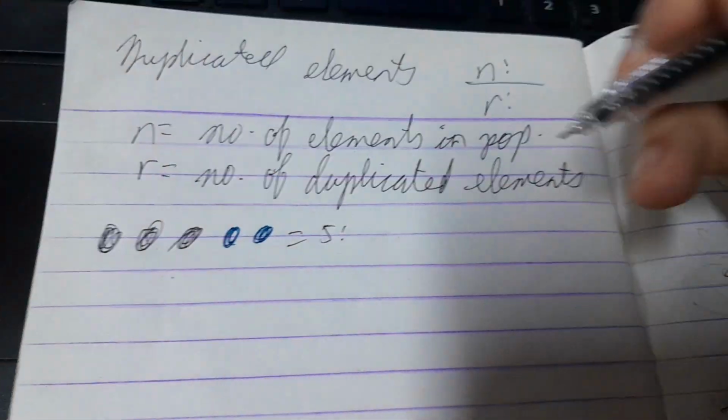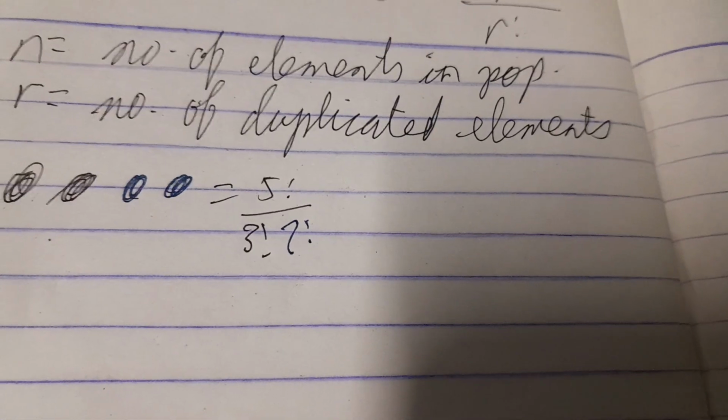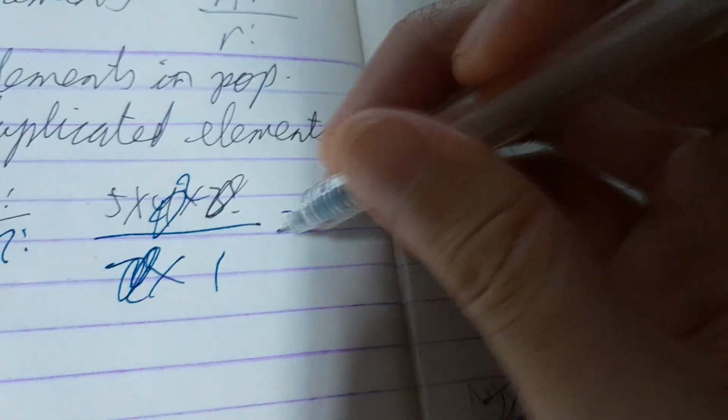Pero look at the duplicates. We have 3 black beads and 2 blue beads. Kaya naman itanggalin namin yung duplicate. So we need to simplify this. 5 times 4 times 3 factorial. The 3 factorials, they cancel. And you're just left with 2 times 1. So 2 times 1, this will cancel and you're just left with 2. So 10 possible ways. Okay?